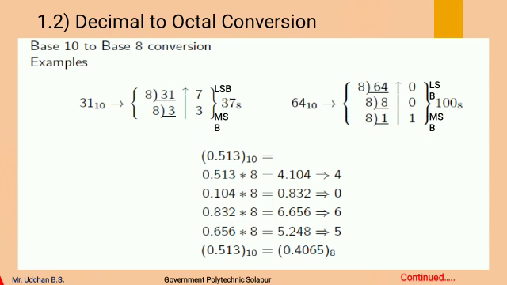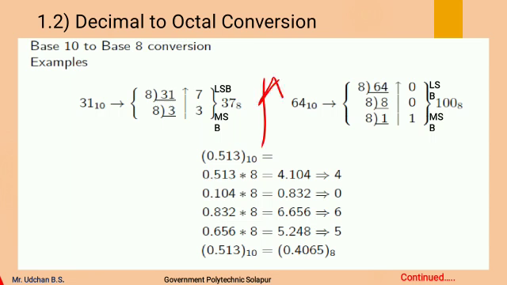First one is 31, which is an integer number, that's why it is divided by 8 to get the required octal number. In this, 7 and 3 are the remainders, from which 7 is the LSB part and 3 is the MSB part.